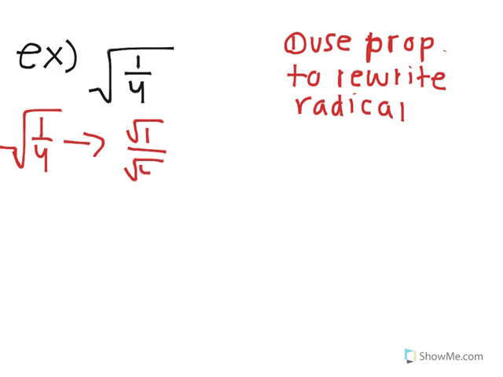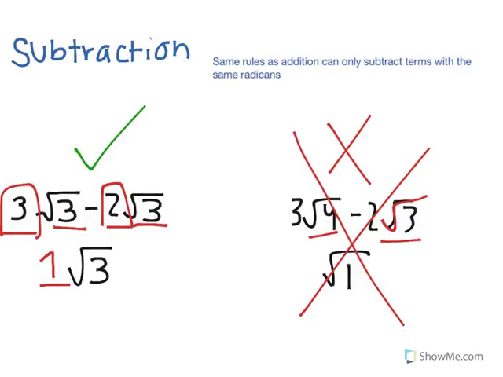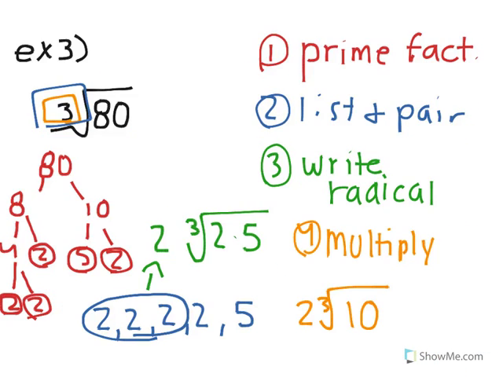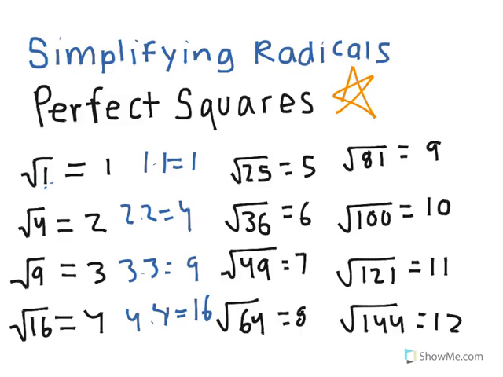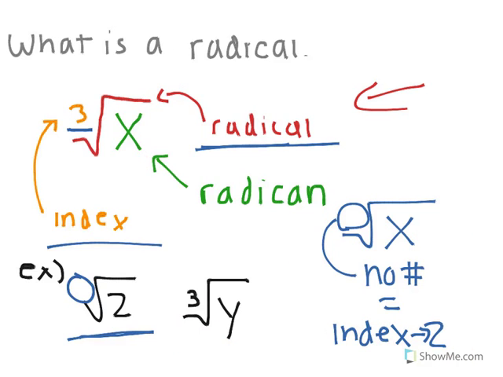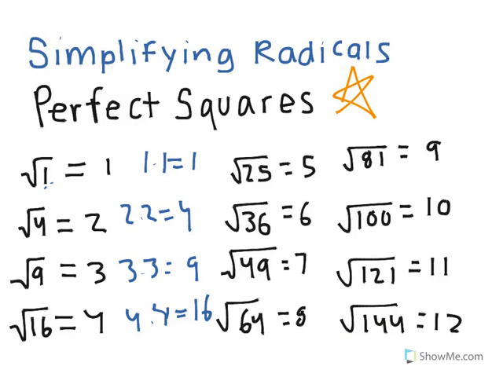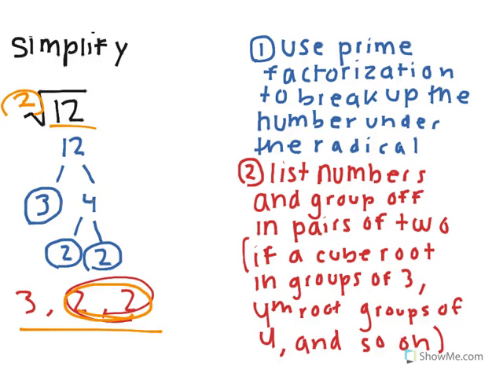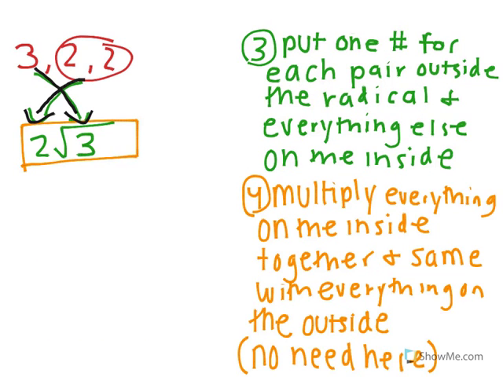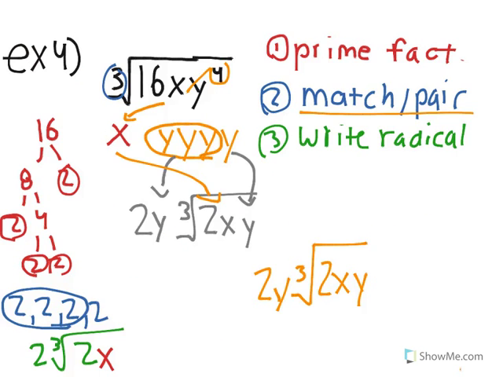Now, at this point, I could recognize that these are both perfect squares from way back. The square root of 1 is 1 and the square root of 4 is 2. This is a good thing about memorizing perfect squares.